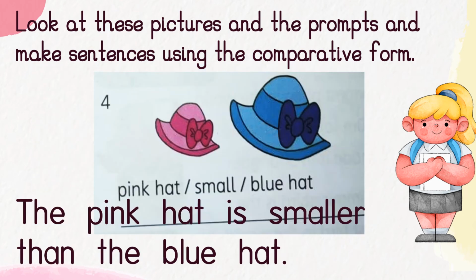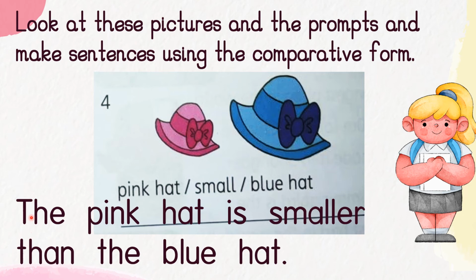Alright, the last question. This is the pink hat and this is the blue hat. The adjective given is small. This is very easy. So this is specific. If we say the pink hat, 就是这个粉红色的帽子, topi yang berwarna merah jambu. So this is specific.